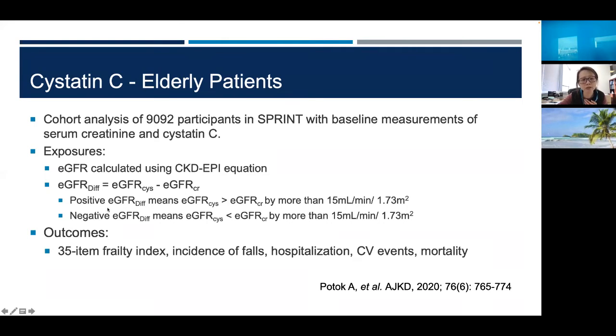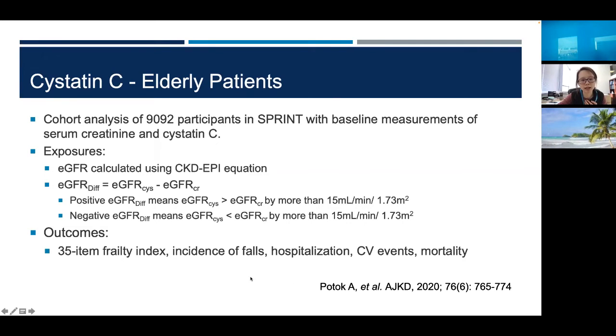A positive eGFR diff means the cystatin C based eGFR is higher than the creatinine based eGFR. A negative eGFR diff means the cystatin C based eGFR is lower than the creatinine based eGFR.